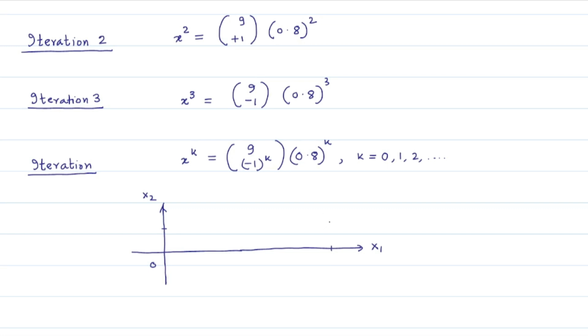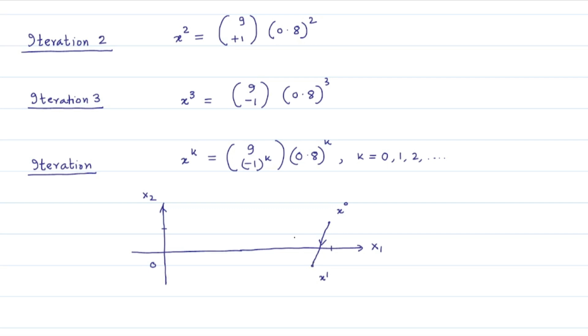So we are starting at k equal to 0 at this point x naught, which is the coordinate (9, 1), and then the next iterative point is given by 9 times (1, -1) times 0.8. You will find that its location is somewhere over here. So we join these 2 points, x naught to x1, and this is the direction d naught along which we moved in the first iteration.